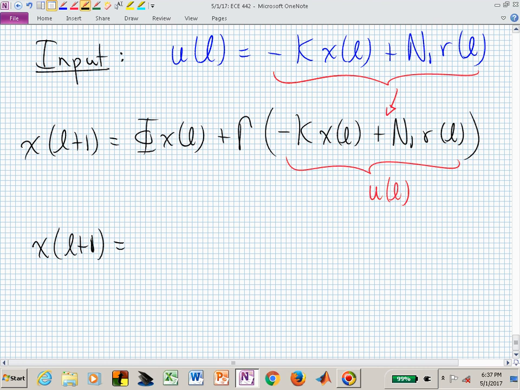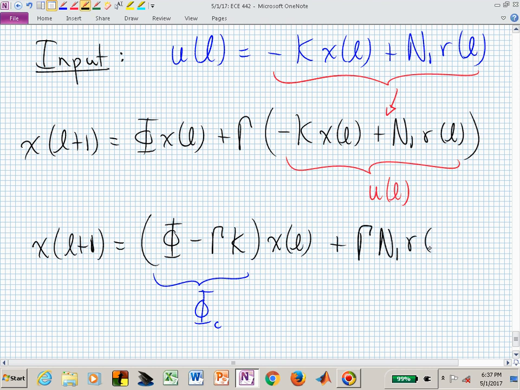We have x of L in a couple different places. We have phi minus gamma k. Both of those are post-multiplied by our state vector x. And this matrix we've called phi sub c. And we know how to design phi sub c. We know how to pick k by selecting our desired characteristic polynomial. We also have a piece that's associated with our reference input, and that's now plus gamma n sub 1 r of L.